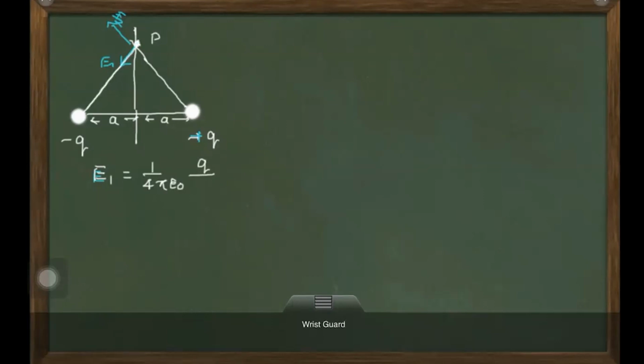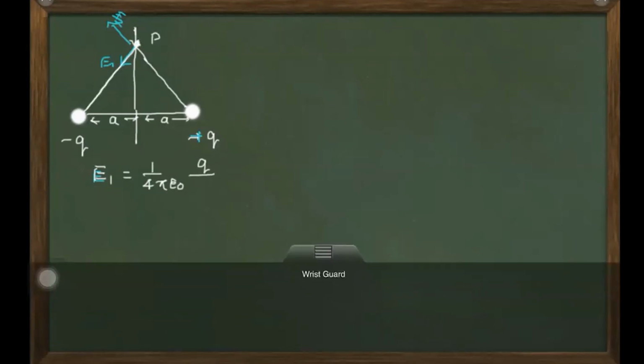If I write this one as A and this one as B, it will be AP square. Now, if your point P is situated at distance R from the midpoint O, meaning PO is R, then you can write AP square is equal to AO square plus OP square by Pythagoras theorem.